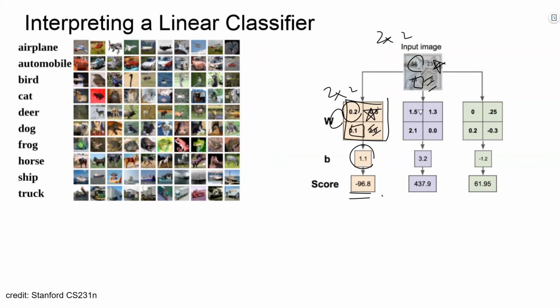We do the same thing for dog: we perform element-wise multiplication, sum the numbers, and add this bias, and this becomes the dog score. And we do the same thing for sheep. After we do this, we generate these 3 numbers.